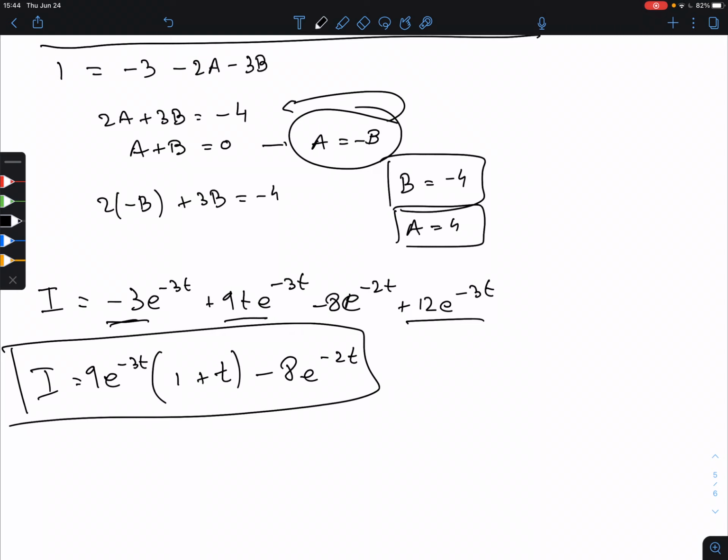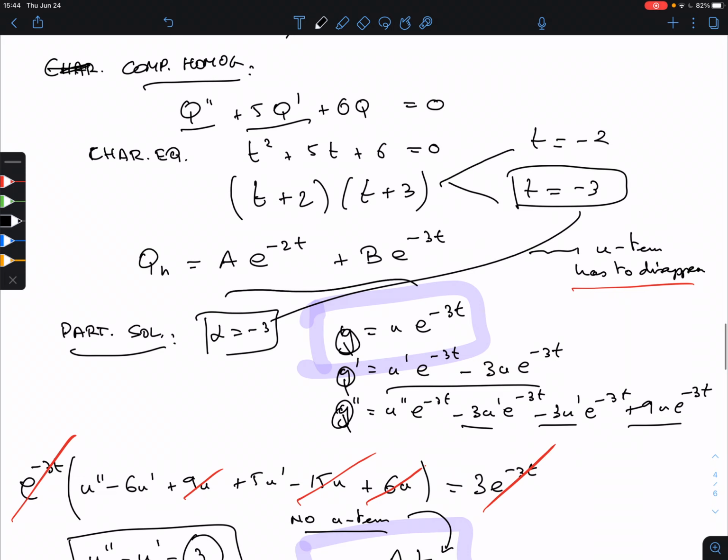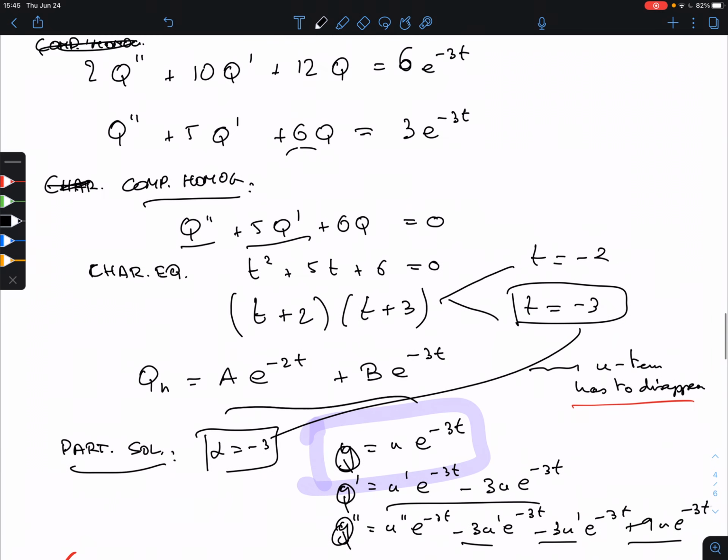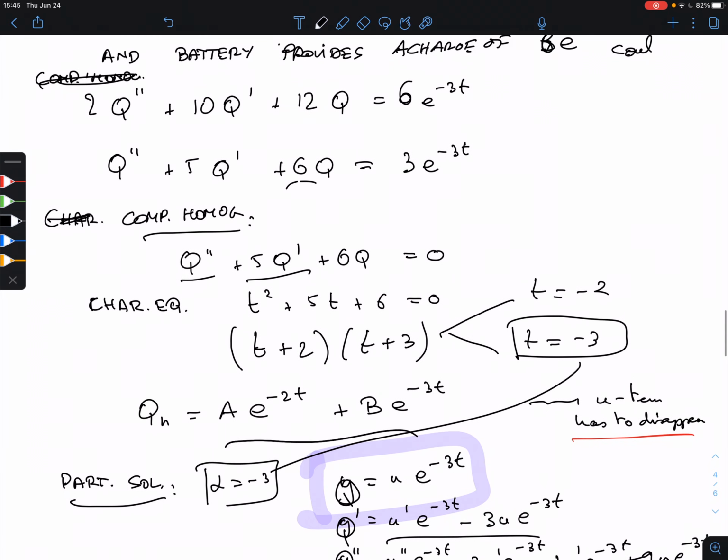After a very short time, in fact, the charge will have dissipated. That's no surprise, because there was no charge to begin with, and then the battery was almost depleted, right? Look at this battery here. This is not giving much, right? Because of the negative t, it's an exponential decay, so the battery was decaying like hell.